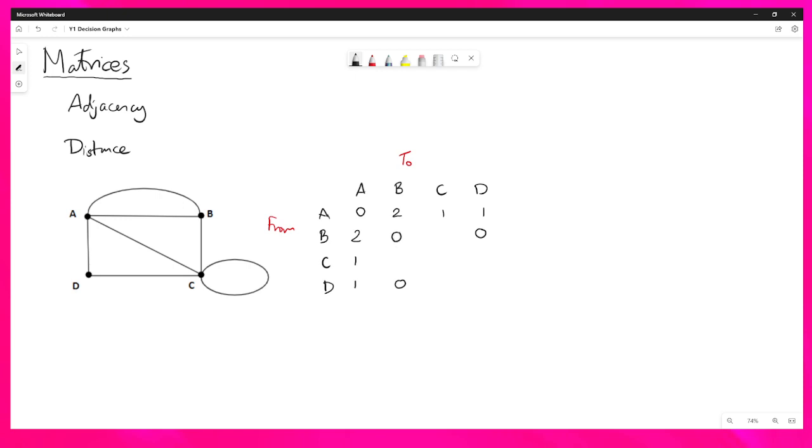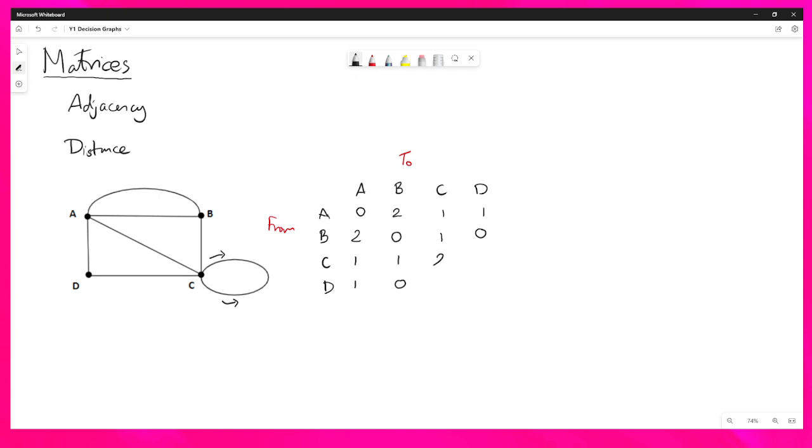There are no arcs connecting B to B. And there's one arc connecting B to C. Now we get to the interesting one, this vertex C here. So we've got this loop. So we have one arc that connects C to C in this direction, and one arc that connects C to C in this direction.